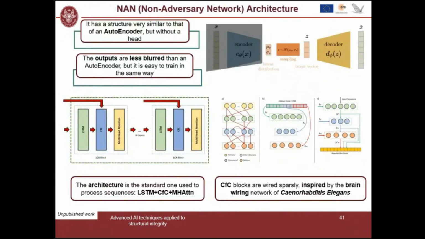About the structure of the neural network used for the generation, as I said, it is a decoder-only. So it's essentially an autoencoder, but without the encoder. Since here we are processing sequences, we are using the same architecture that I've shown you before: the LSTM, CFC, multi-head attention.